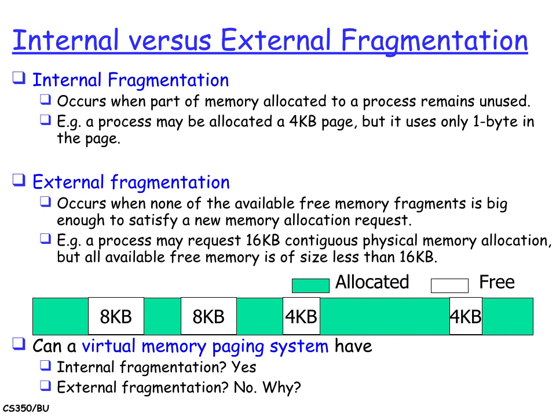So essentially the allocated memory would be wasted if the process doesn't use all of it. A common example we already discussed is that let's say a process is allocated a 4 kilobyte page, but it uses, let's say, only 1 byte of the page. So the rest of the 4 kilobyte page is wasted. This is known as internal fragmentation. The wastage is internal to the allocated memory for a process.